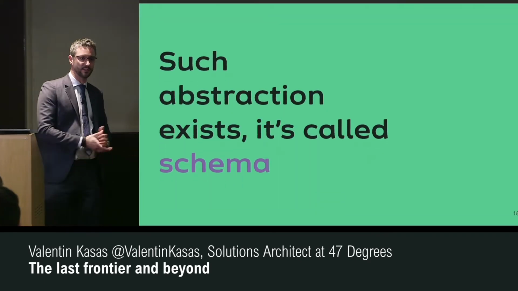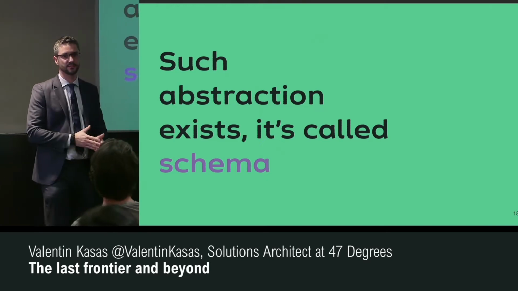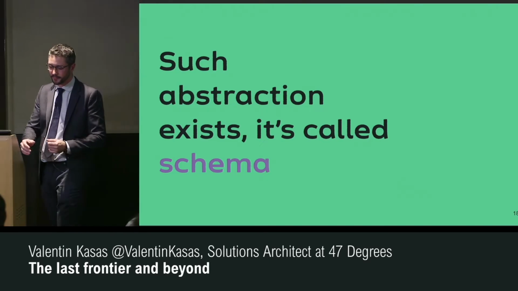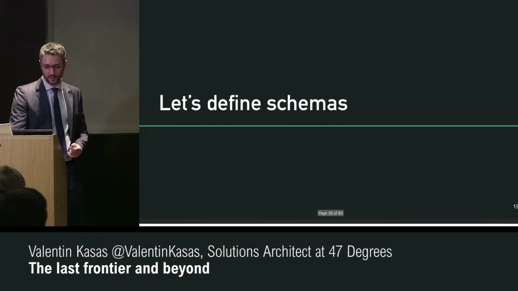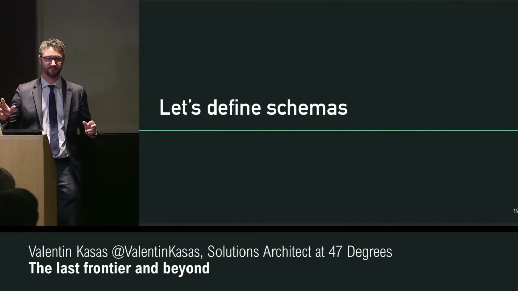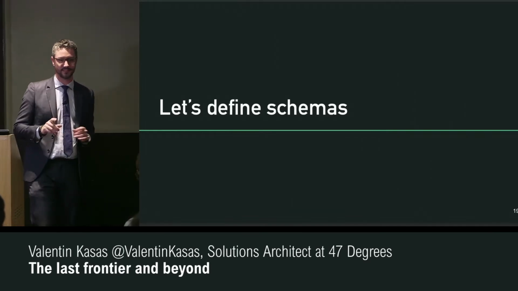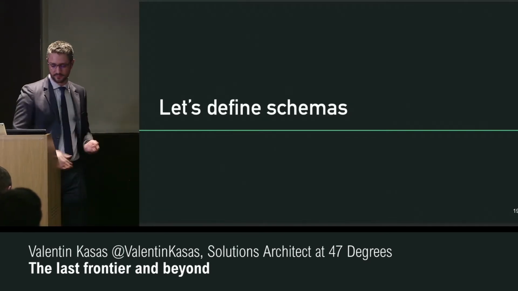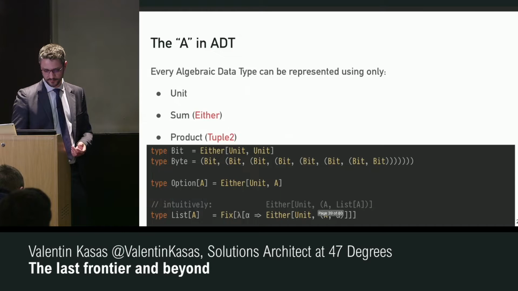And this kind of abstraction already exists, it's called a schema. So from now on, I will talk about an imaginary library that defines schemas, and I will present how it works.